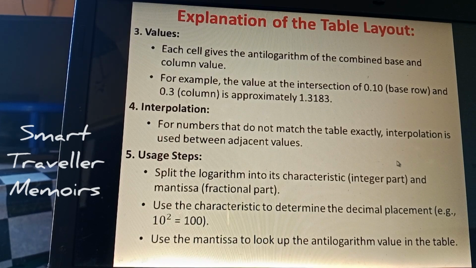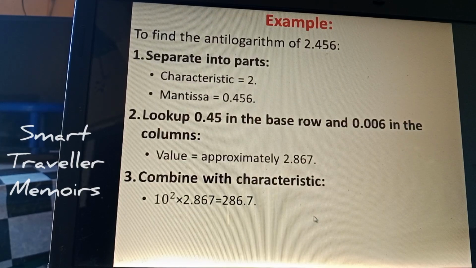Usage. Split the logarithm into its characteristic, integer part, and mantissa, fractional part, which is found in the tables. Use the characteristic to determine the decimal placement. All right, e.g., 10 squared is equal to 100. Use the mantissa to look up the antilogarithm value in the table. To find the antilogarithm of 2.456, separate into two parts.